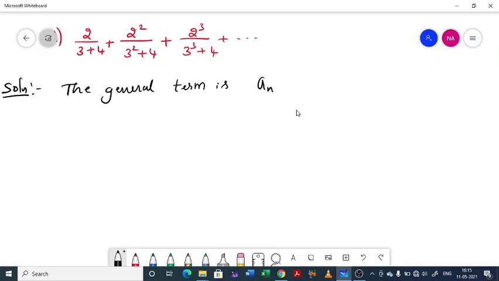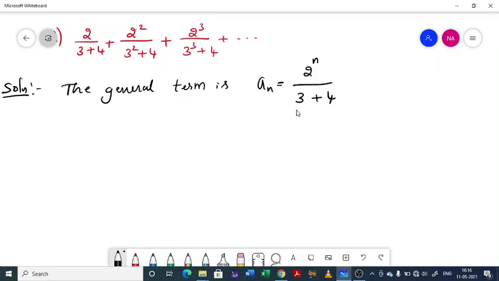a n equal to, see, it will be 2 by 3 plus 4, that is common. As n varies, this power should vary, so it will be actually n. 2 power n equals 2 power 1, 2 power 2, 2 power 3, and similarly 3 power 1, 3 power 2, 3 power 3.